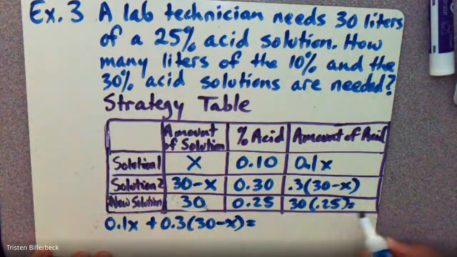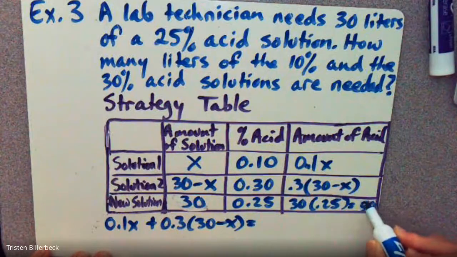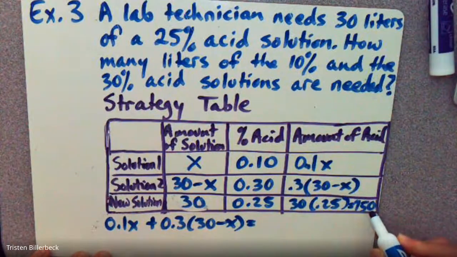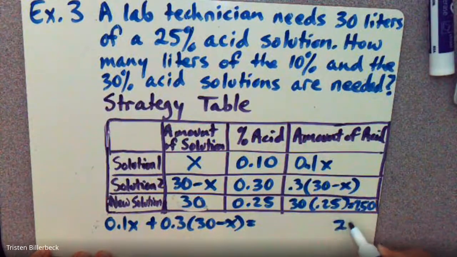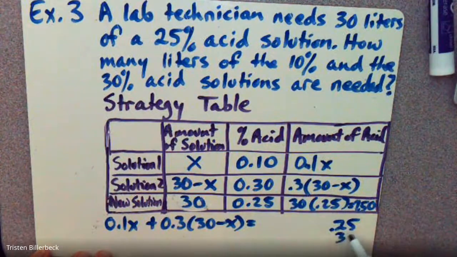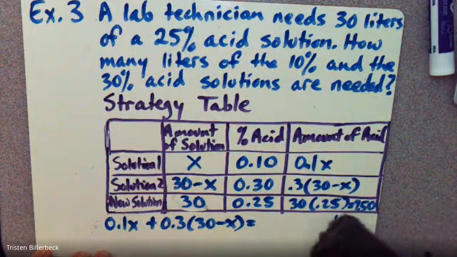And we know that when we multiply this by 30, that is 7.5. Let's do that again. Yeah, that's what it was. Okay, so 25 times 30, multiply, 0.25. Yep, that's it. And it goes right there. Okay, 2 decimals. So 7.5.